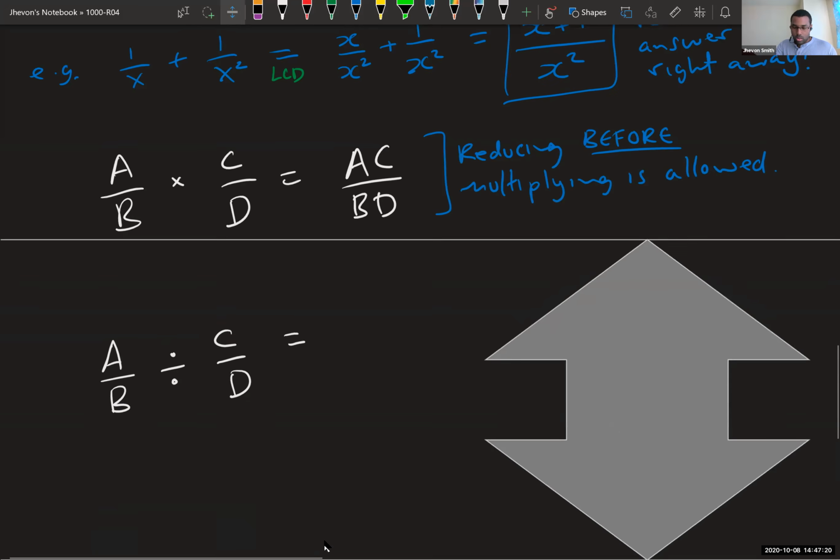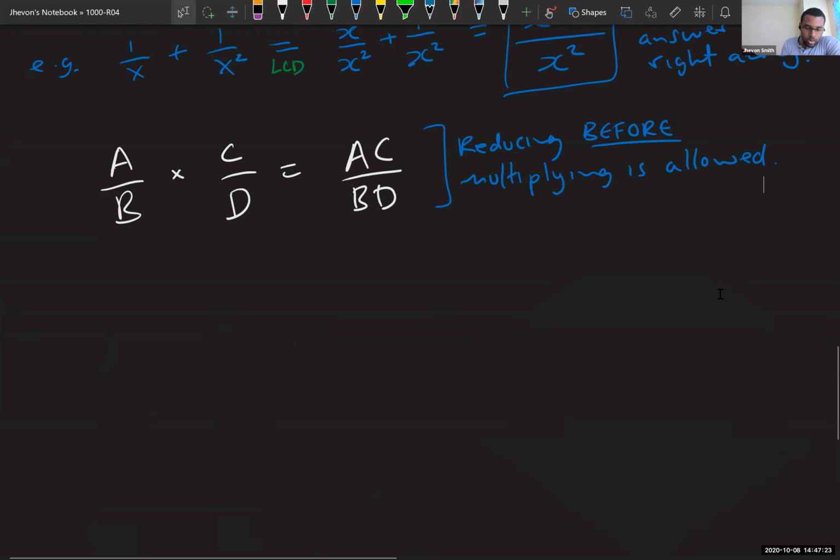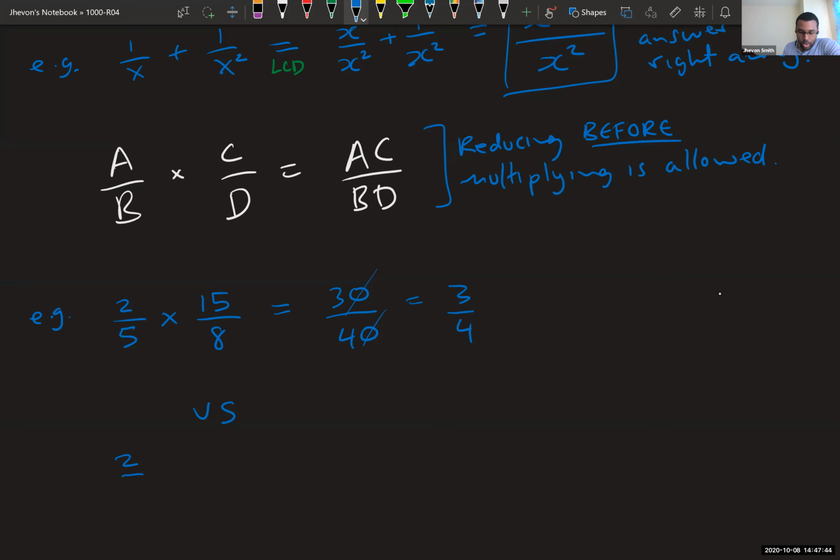So for an example here, let's say I have 2 over 5 times 15 over 8. Yeah, I could just multiply these across, 30 and 40. But then, of course, you notice that I would have to reduce this. Versus if I had the 2 over 5 times the 15 over 8, and then I first went, well, I can take the 2 into the 8, goes 4 times, and I can take the 5 into the 15, goes 3 times. And then I would just get the answer 3/4 right away, right?